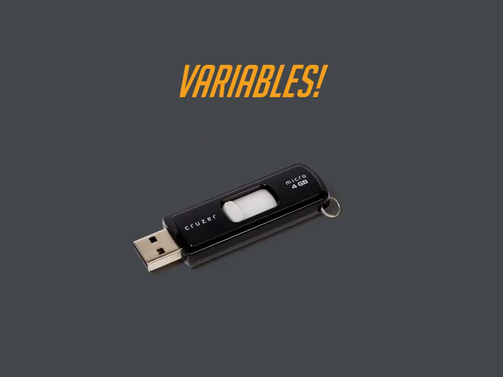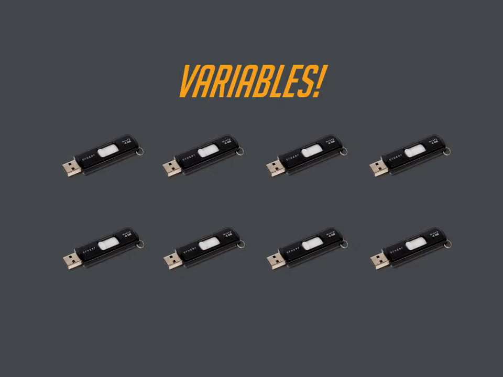So I like to think of them a little bit like a USB drive, like the world's tiniest USB drive, though. Imagine each of these USB drives is a variable and they're super tiny, they can only really hold one thing at a time. That's kind of what variables are. And in a lot of cases, the thing they're holding changes.